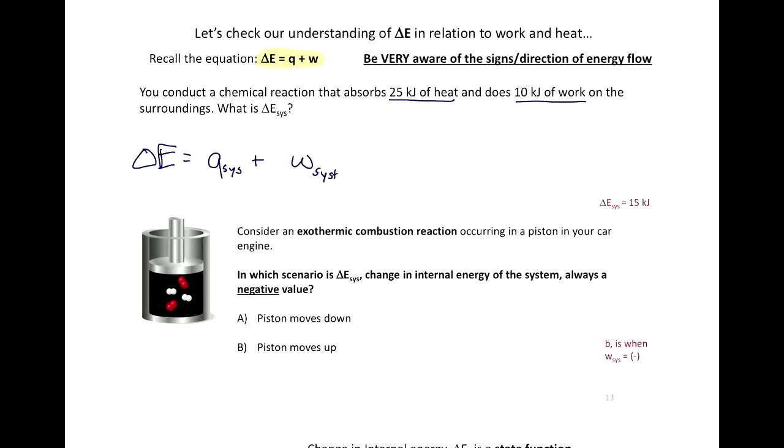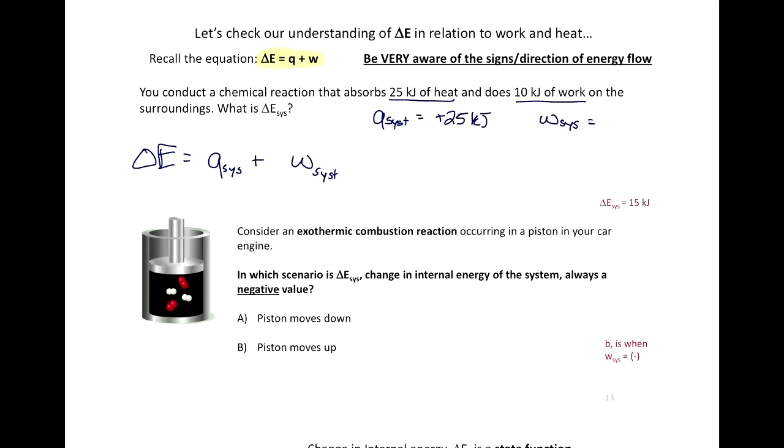So let's go through this. 25 kilojoules of heat, that's Q of my system. But is it 25? The chemical reaction absorbs 25 kilojoules of heat. So what is the value of Q system? It is positive 25. Great. Then this other number seems to be the work of our system. I say it does 10 kilojoules of work on the surroundings.